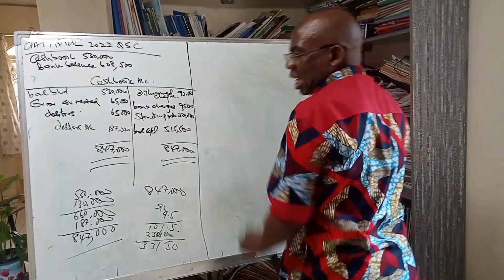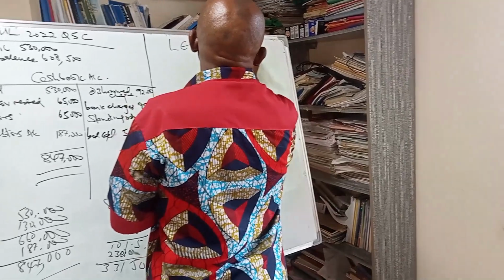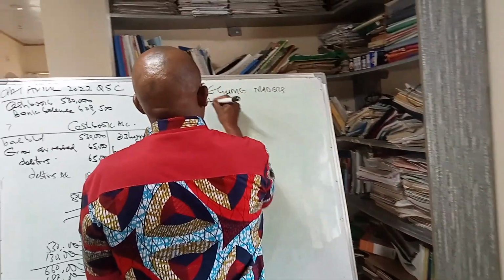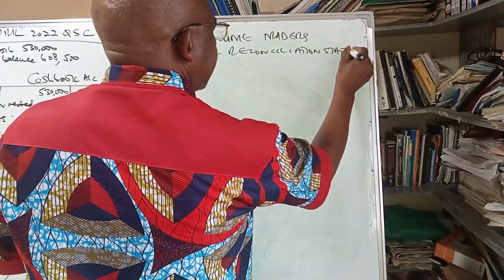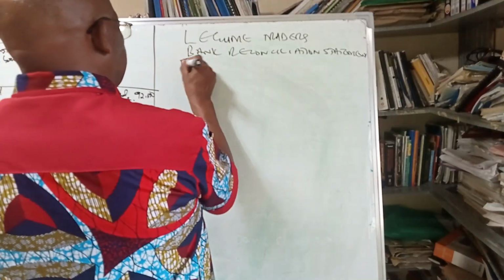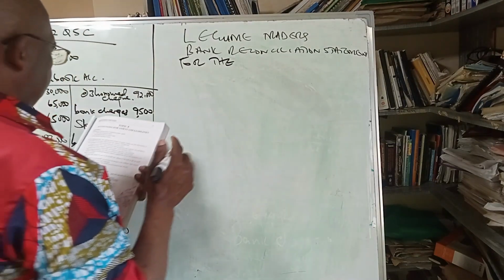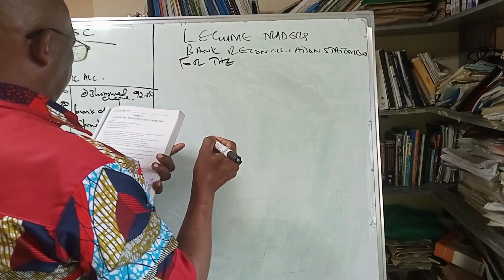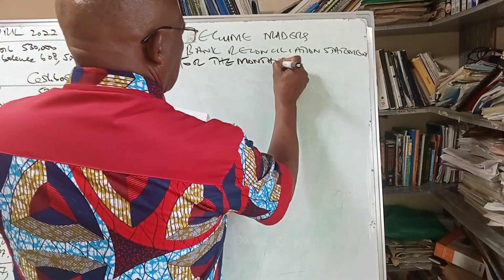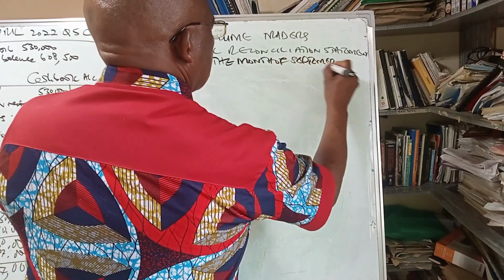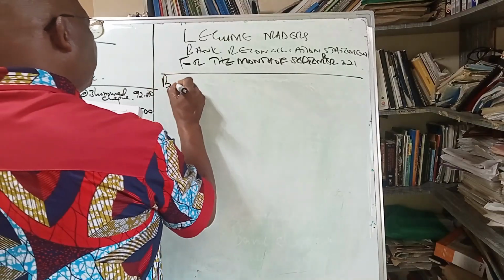So we say Legume Traders, Bank Reconciliation Statement for the month of September 2021. So we say balance per adjusted cash book.